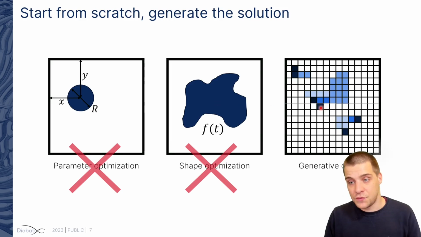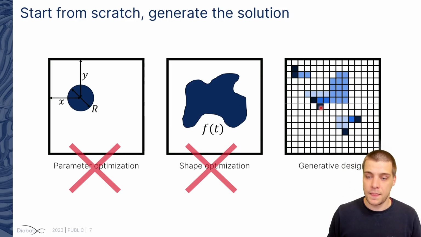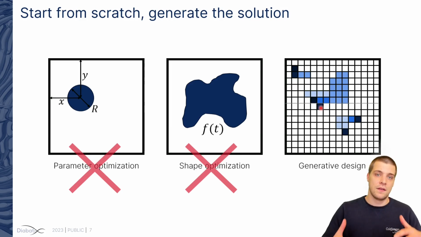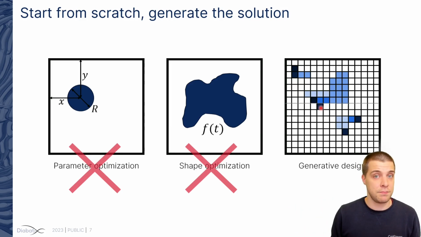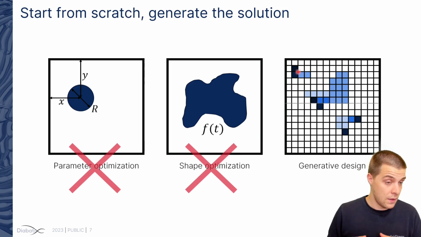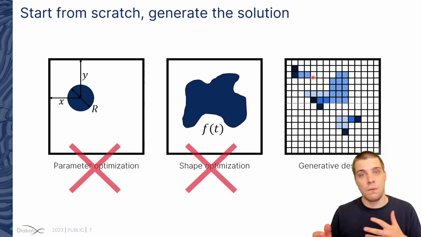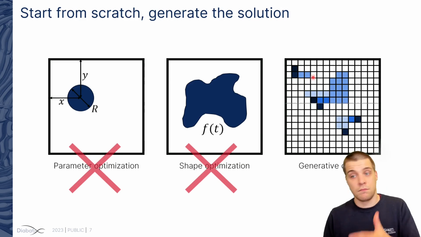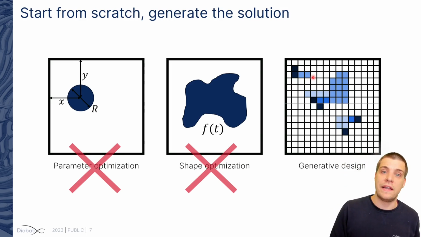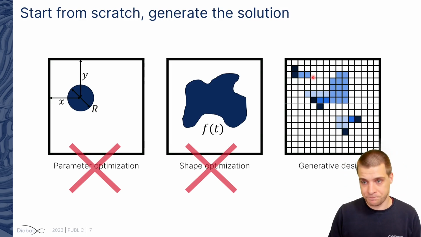Then we can move on to how ColdStream tackles the problem, and that's through generative design. So the entire design space is basically subdivided into small elements, and you can either start from scratch or you can already give it some initial push in the right direction. But ColdStream has this complete flexibility to choose whether or not it wants to fill one of those elements with material or leave it as a fluid.